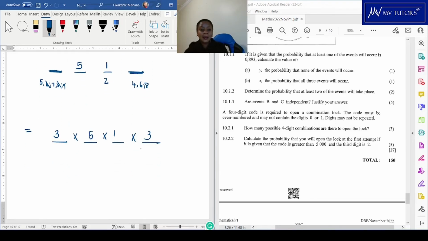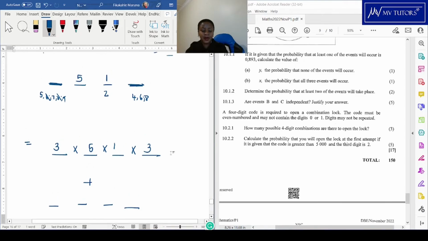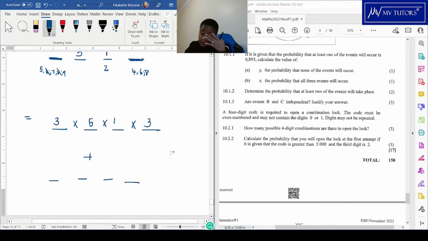But there's also another combination. If I were to use 6, I still have 5 over here, and 1 over there. I'm left with 4 and 8, so I have 2 options.